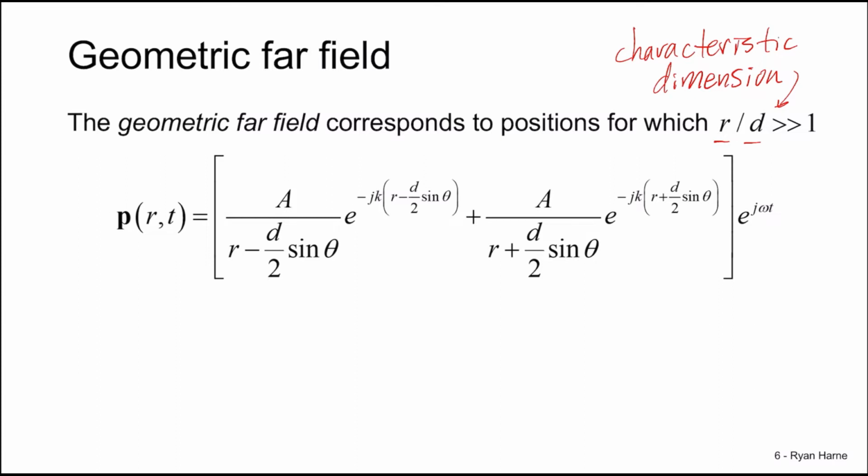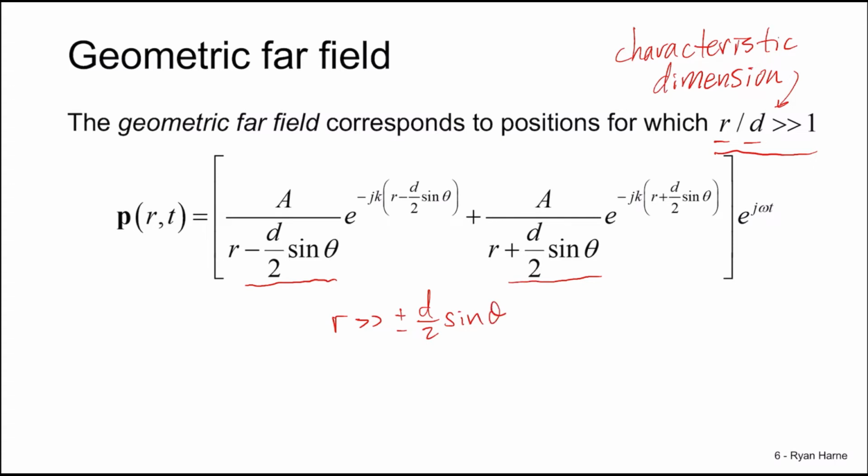R2. Now, in the denominators, these corrections, minus d on 2 sine theta and plus d on 2 sine theta, we need to recognize that we've already written that r divided by d is much greater than 1. So that means that r is much greater than either plus or minus d on 2 sine theta.